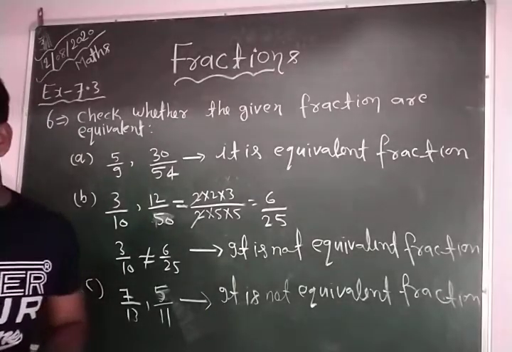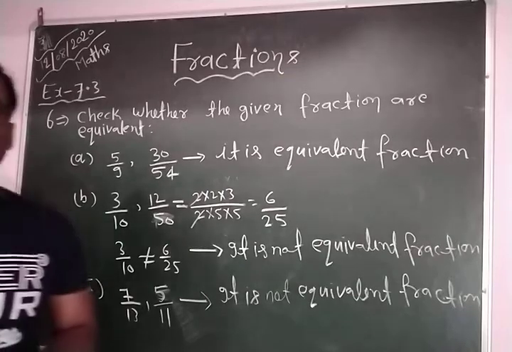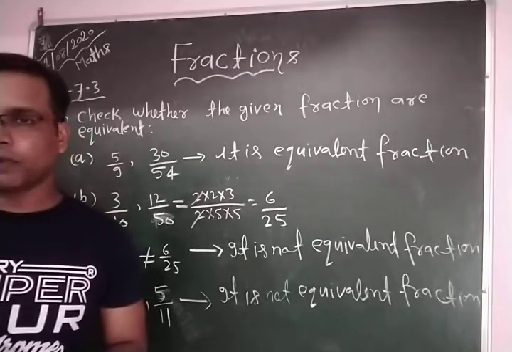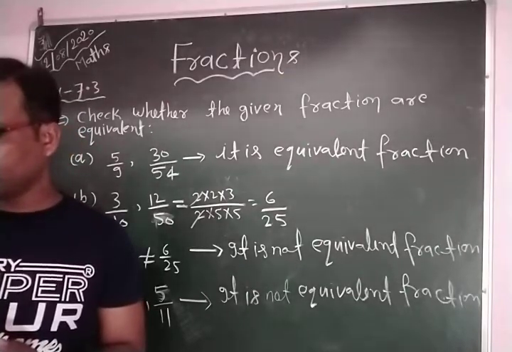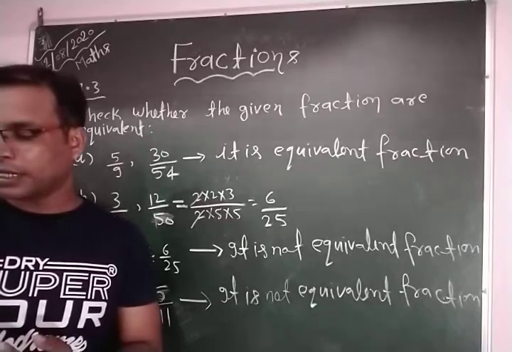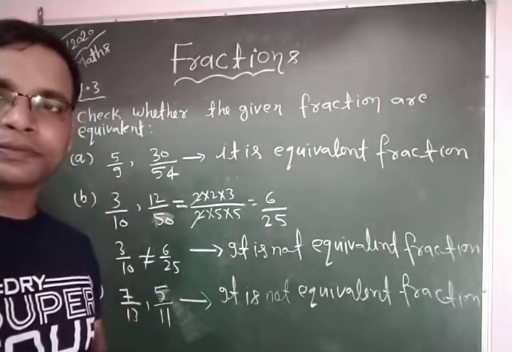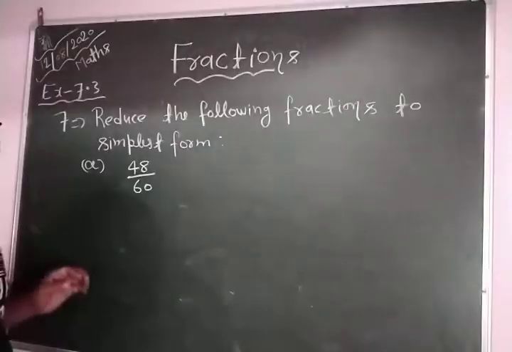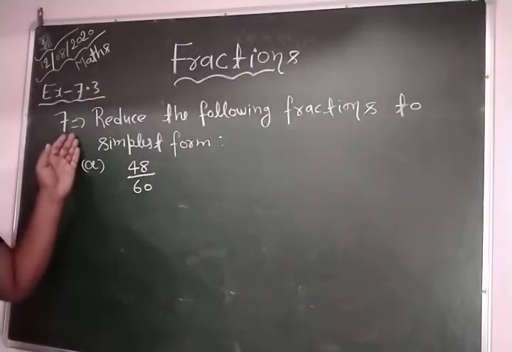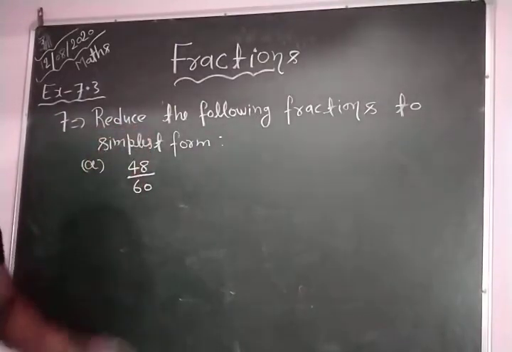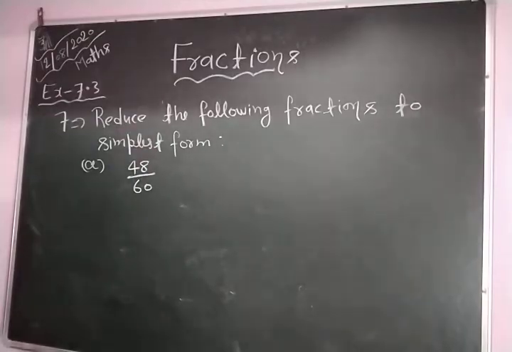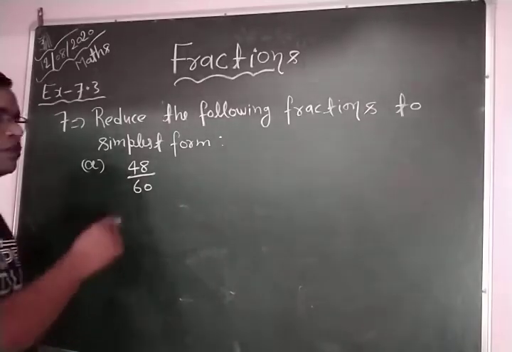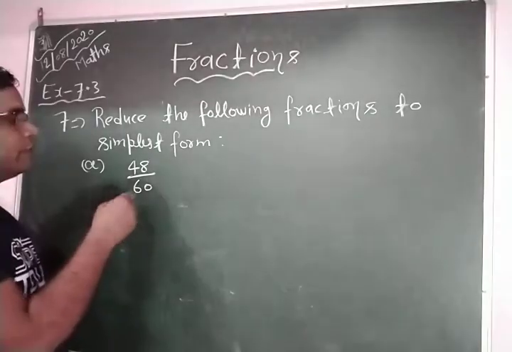Now we are going to solve question number 7. Reduce the following fractions to simplest form. The first part is 48 by 60. So how do we reduce it?